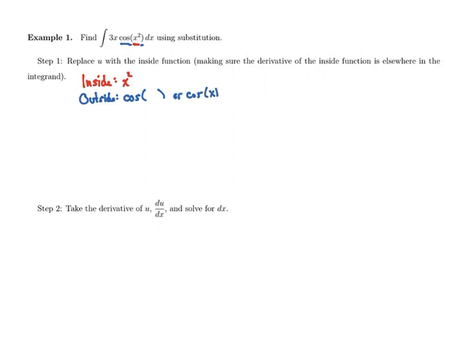Either way is fine. And I know that this is going to be a good choice of the inside function because the derivative of the inside function is somewhere else in the problem. So the derivative of the inside, which is 2x, is also in the integrand, we're just going to say differing by a constant.